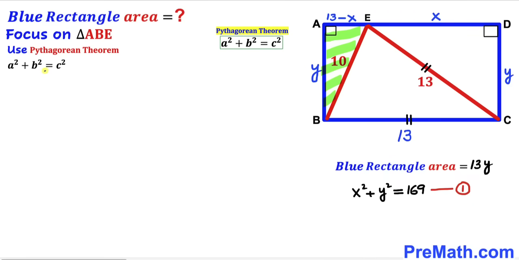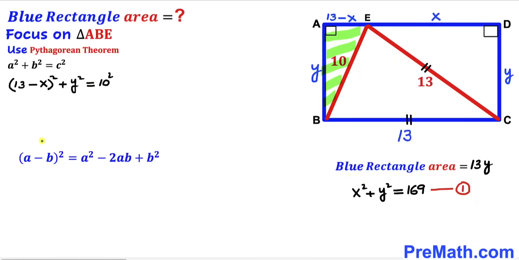So (13 minus x) whole squared plus y squared equals 10 squared. Now let's recall this famous identity: (a minus b) whole squared can be written as a squared minus 2ab plus b squared.